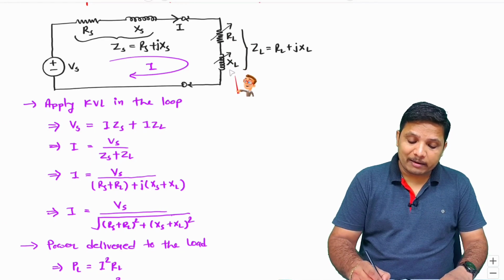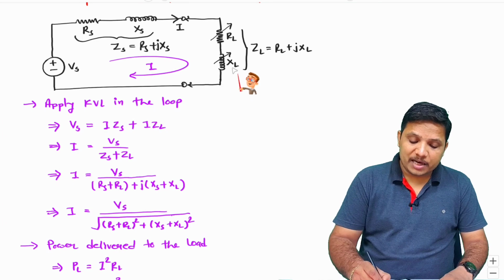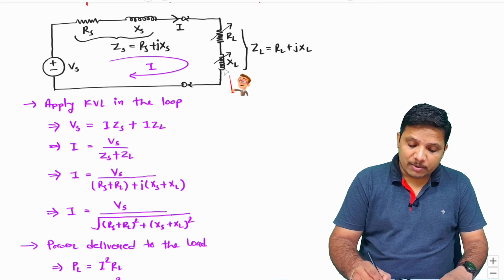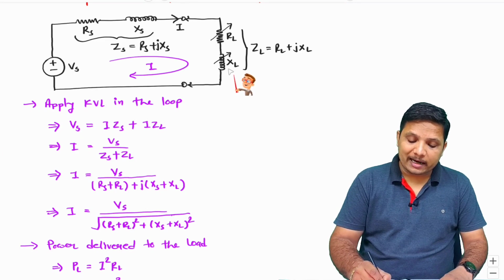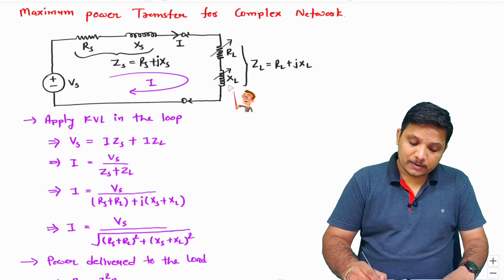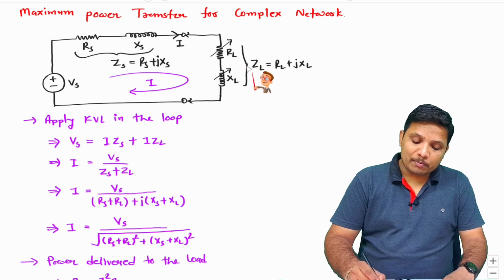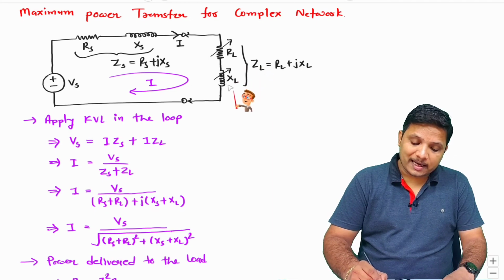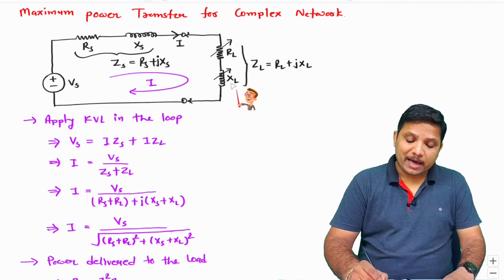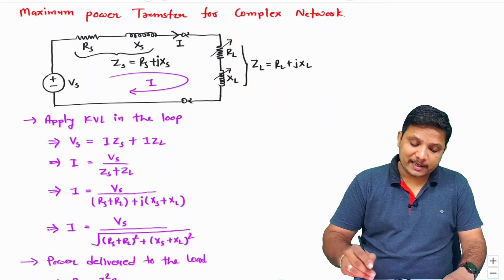To calculate the maximum value of PL based on XL, we differentiate PL with respect to XL and set it equal to 0, which gives the condition for XL. So let us first consider maximum power delivered to the load PL with respect to XL. I take dPL by dXL equals 0 to identify the condition of maximum PL with respect to XL.